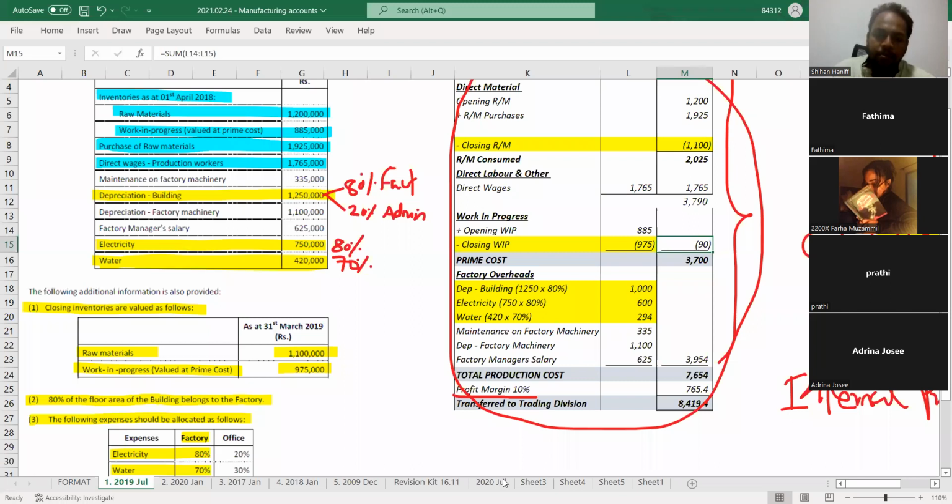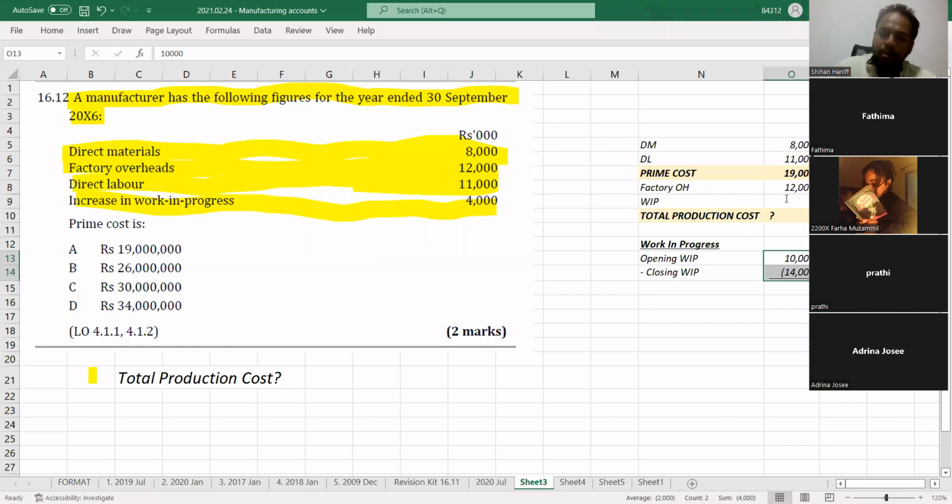Okay, similarly, if the work in progress increased by 4,000, here the total cost will decrease. So you will have the total production cost as 27,000, not 35,000. So most of you have taken it as plus. It's not plus, it's minus.